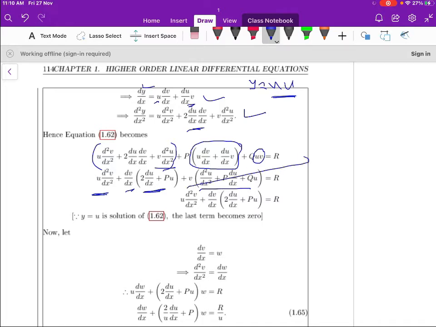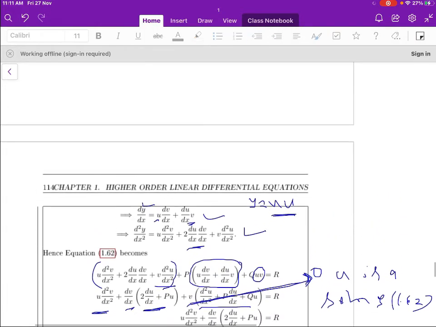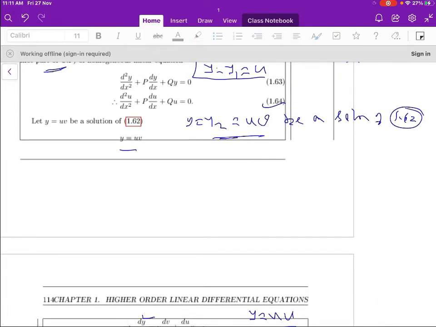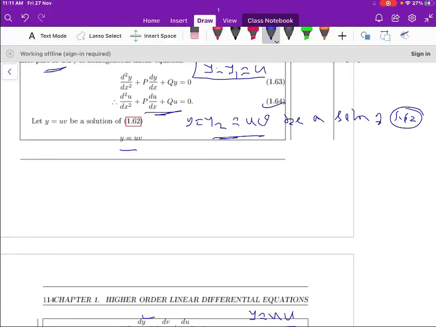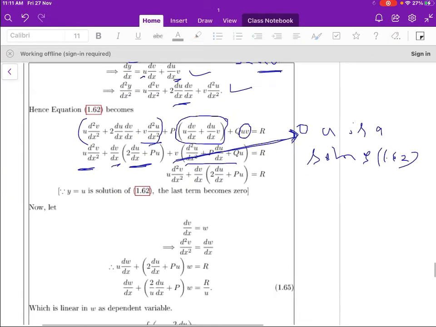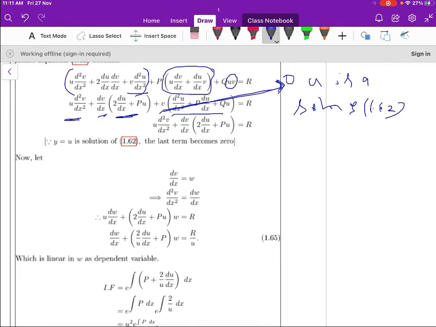But you know this, since u is a solution of equation 1.62 and this solution satisfies the given differential equation, therefore this becomes 0. Using here 1.64, this is 0 since u is a solution of the differential equation, so the last part of this equation is 0.